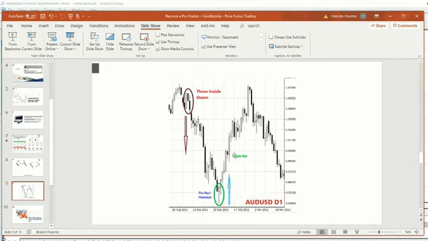Now, this is what the inside bar looks like. It is a combination of two candles. Remember, the pin bar is just one candlestick formation. But the inside bar is actually a combination of at least two candles. So you have a mother bar which completely swallows up the child bar.